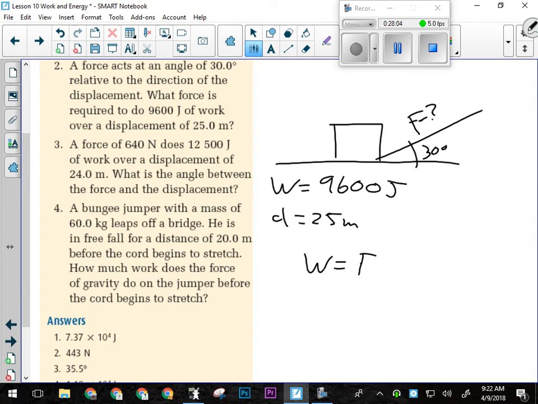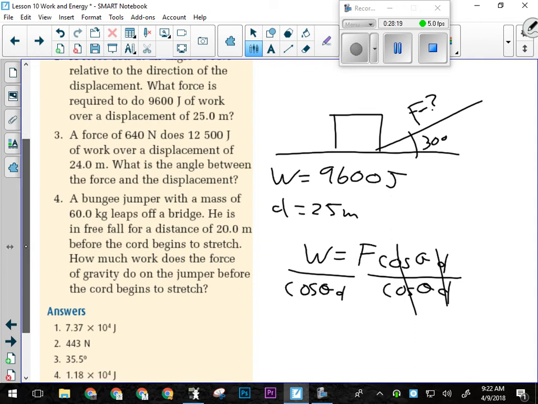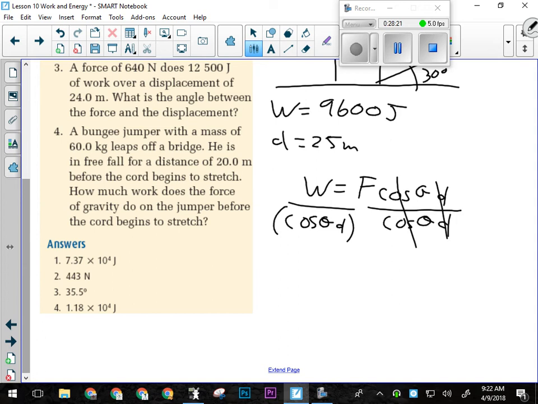So work equals F times the cos of theta times d. We're looking for F. So basically all we have to do is divide both sides by the cos of theta times d so we can bring it over here. That'll leave us with force, and then we just have to plug in our numbers. When we plug it into our calculator, the bottom does have to be in brackets, otherwise our calculator won't spit out the right answer.